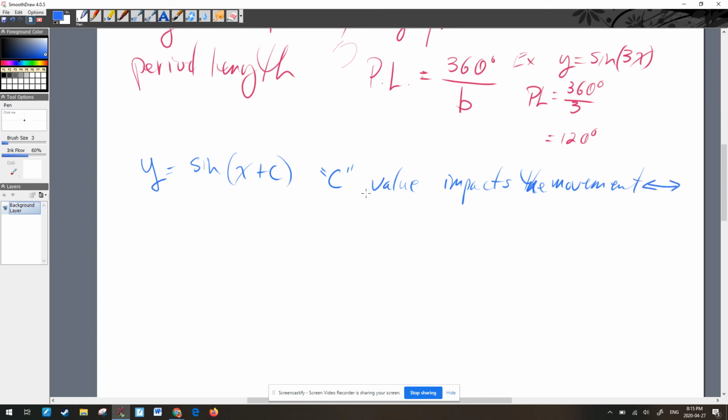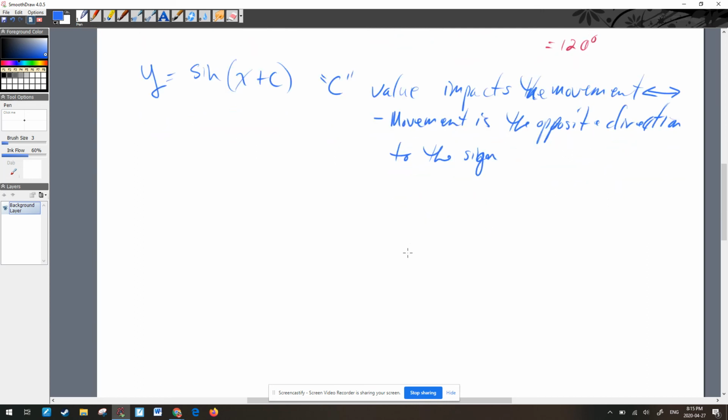The d value moves up and down, the c value moves us left and right, and just like the k value does, the movement is in the opposite direction to the sign. Okay, and what I mean by that, let's look at some examples.